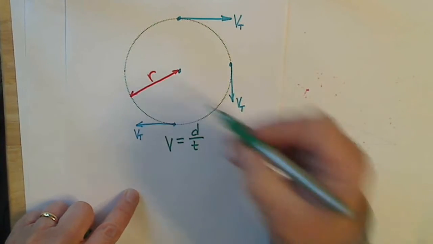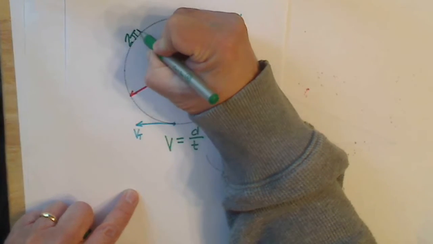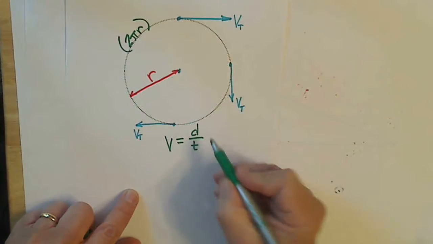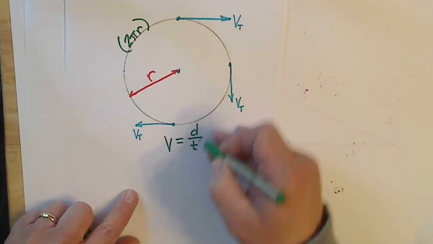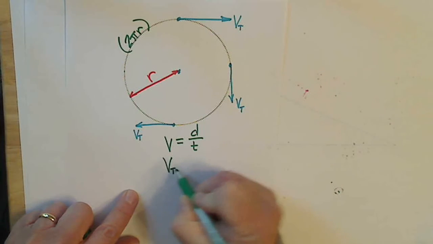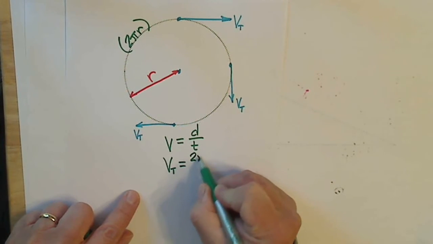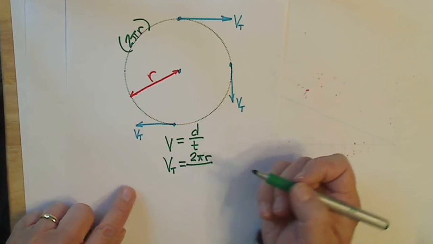And what is the formula for circumference? It is 2 pi r. So 2 pi r is what we're going to use for the distance. So when an object goes around the circle one time, the distance that it's traveled is 2 pi r. So the tangential velocity, vt, is equal to the distance, 2 times pi times r, divided by the time.